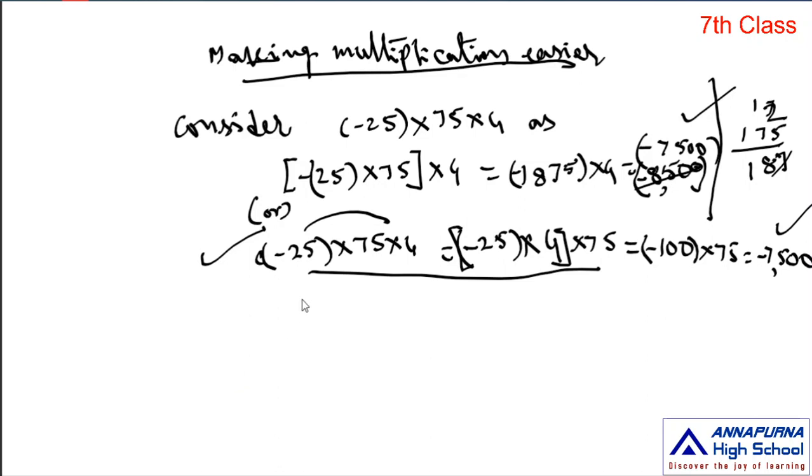So commutativity, associativity and distributivity of integers: distributive property of integers helps us to make calculations simpler. So it is very easy to calculate the multiplication. Now let us see how calculations can be made easier using these properties in exercise 1.3.